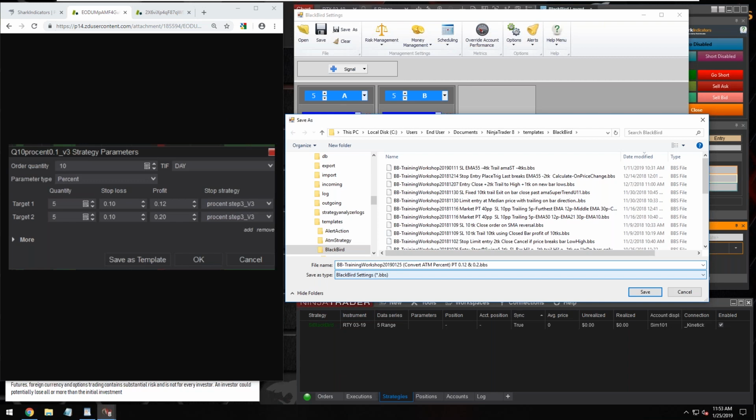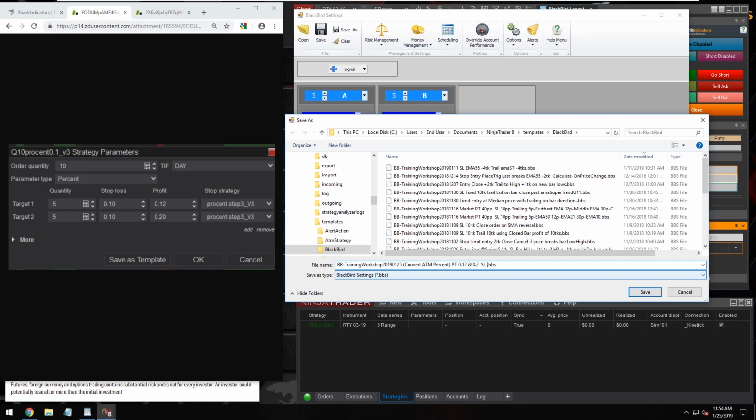Coming up with a good naming convention is not as easy as it looks. I always like to at least mention what kind of profit targets we've got in here. I use PT for profit target. So we've got a 0.12% and a 0.2% profit target, and then the stop loss.